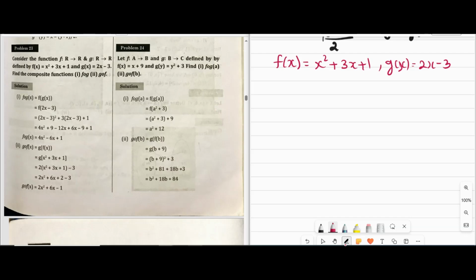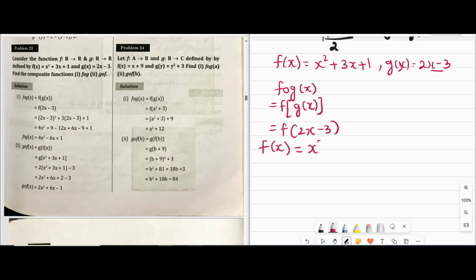So now we have to find fog and gof. So fog of x means what? f of g of x. Now what is the value of g of x? It is f of 2x minus 3. Now write the formula of f of x, which is x square plus 3x plus 1. Now compare the x value with this x value.